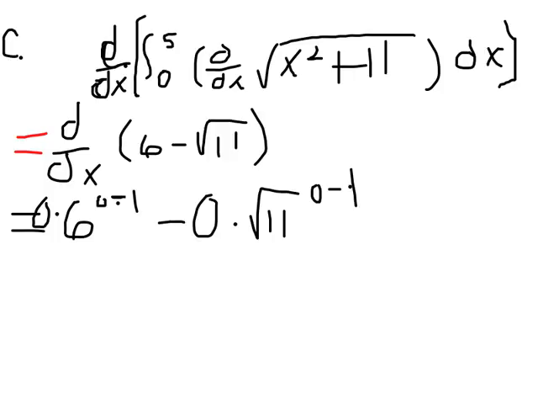Now, because we have multiplied both terms by 0 here and here, we now know that the derivative of the integral from 0 to 5 of the derivative of the square root of x squared plus 11 is equal to 0, which is our answer for part C.